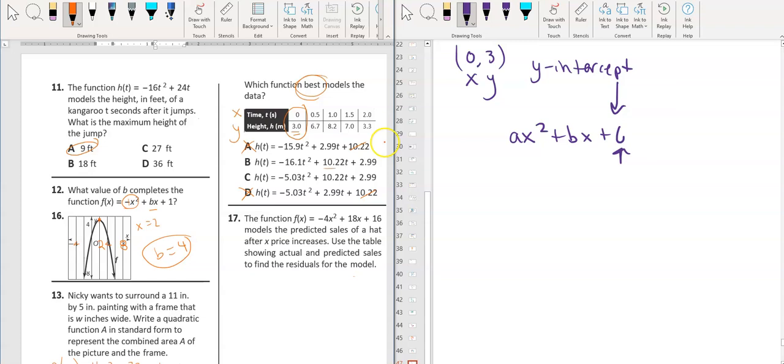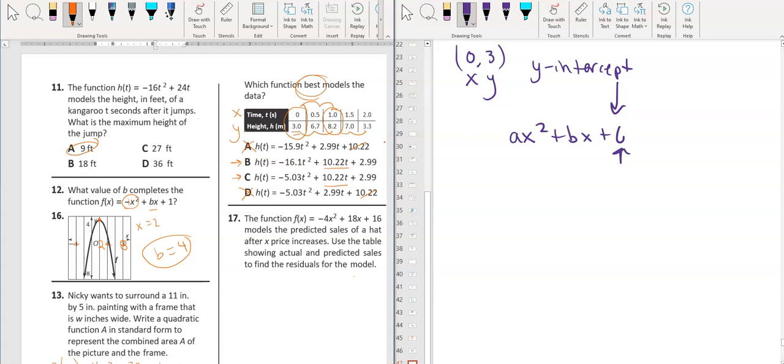Now, I know that my B's are the same value, so I'm not going to worry about those, and we're just going to look at B and C, and we're going to compare it to what's going on here. Because my values change, we're going up, looking at y's, we're going up, and then down. That tells me this right here is my vertex or my turnaround point.